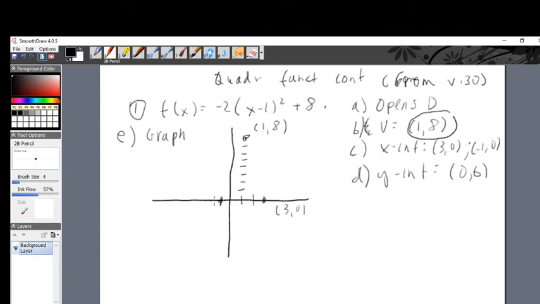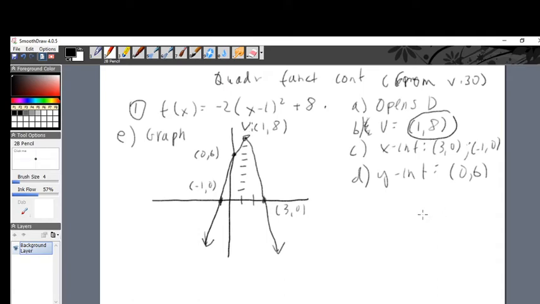The y-intercept is 0, 6. So here's our parabola. It goes down like that, keeps going, and it goes down like that, and it hits all these points that we've just made. And this is our vertex. Don't forget. So that was E.